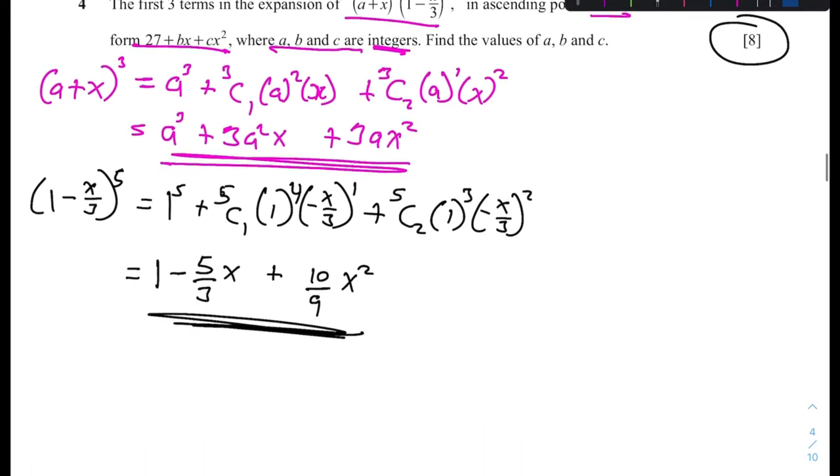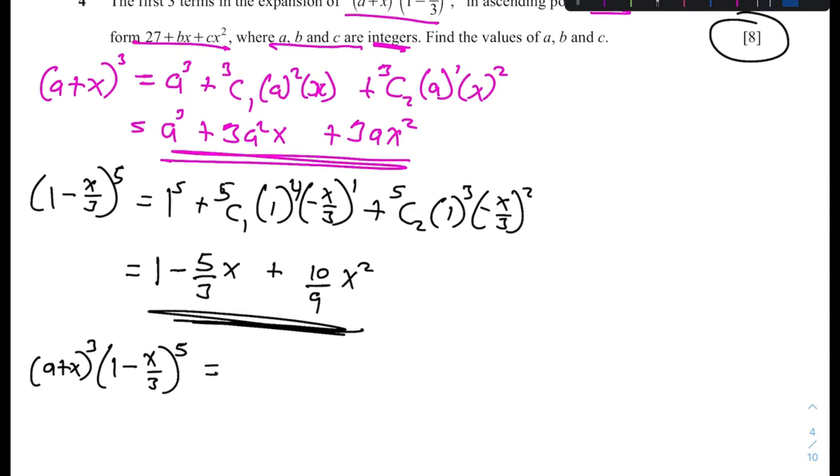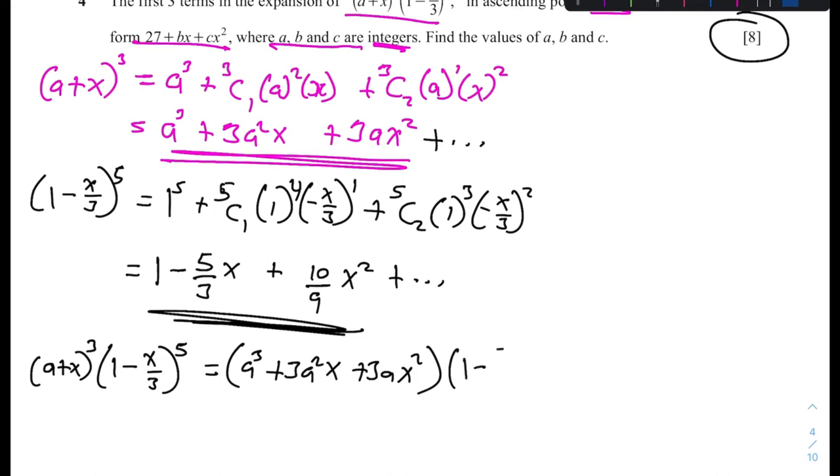So really, if we say that we are expanding (a plus x) cubed and then (1 minus x over 3) to the 5th power, what we are saying is that the first term, this, okay, just add this to it to show that it continues, just that you are ending at this place, times the second, where we got 1 minus 5 over 3x plus 10 over 9x squared.